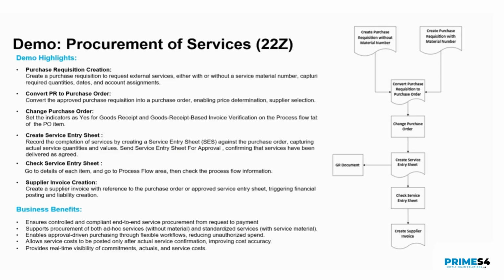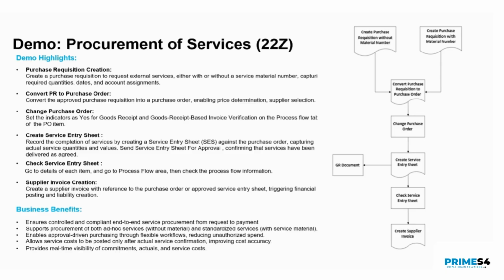This process can be initiated either directly by creating a purchase order or indirectly through a purchase requisition, which is later converted into a purchase order. The service fulfillment is monitored and confirmed using the service entry sheet, and only after the service entry sheet is approved, the supplier invoicing process is triggered.